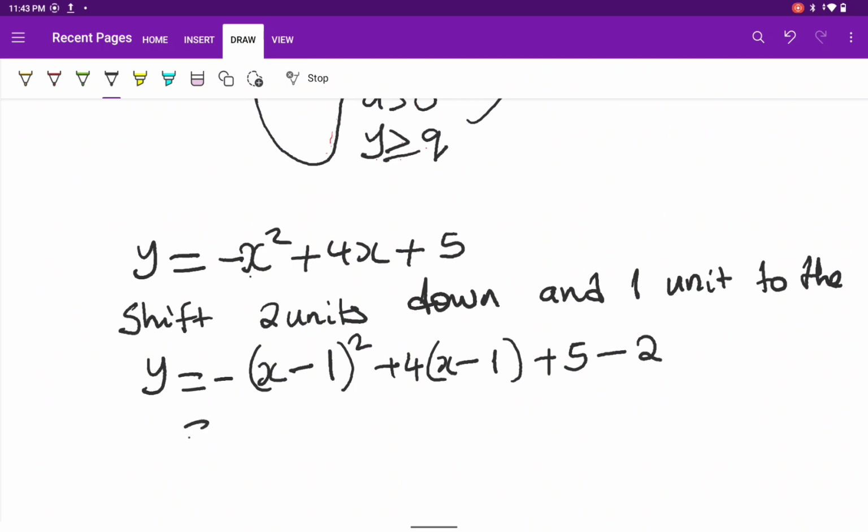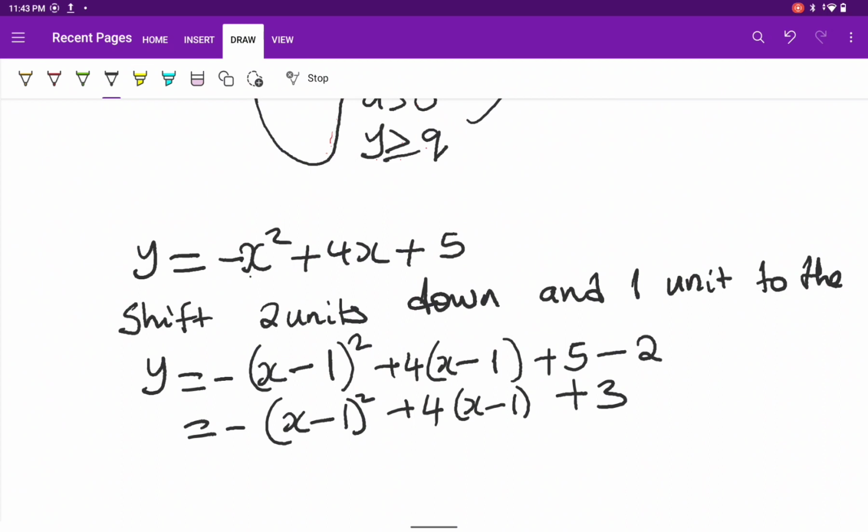If we simplify this, we can just have minus (x minus 1) all squared plus 4 into (x minus 1) then plus 3. We can even remove these brackets if we want to, but this will be the new graph after shifting it 2 units down and 1 unit to the right.